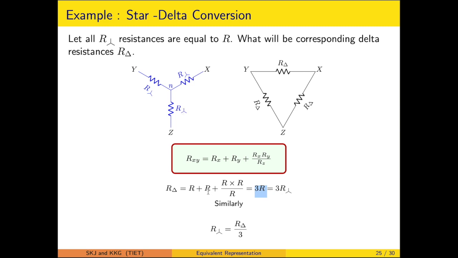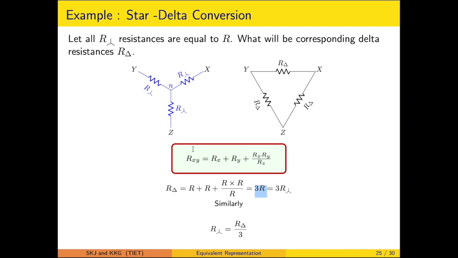So that particular R delta is coming out to be 3 times the star resistance value. Similarly, you can write R star is equal to R delta upon 3. So one interpretation of why the delta resistance values are coming out higher is that the star resistance values are coming out lower.